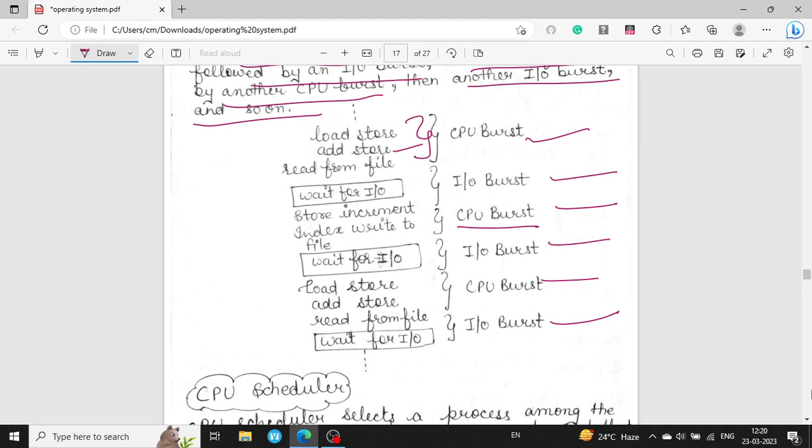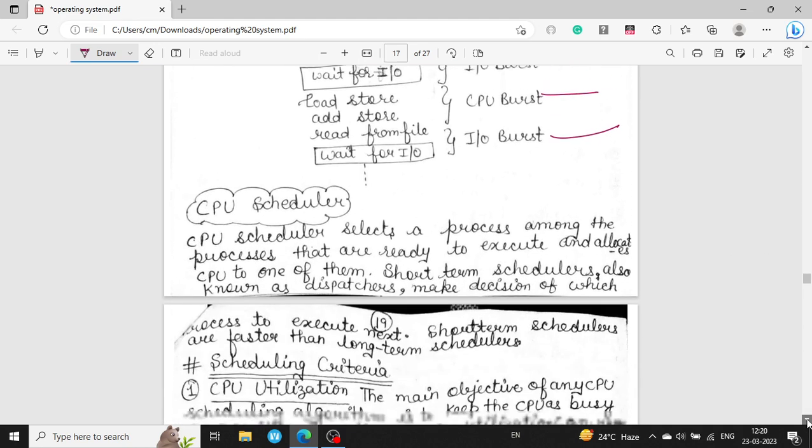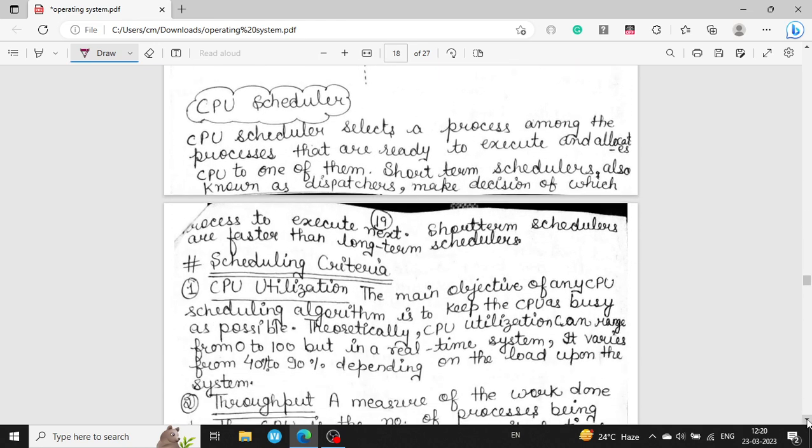And the next point is the CPU scheduler. The CPU scheduler selects a process among the processes that are ready to execute and allocates the CPU to one of them. We can say that it is a short-term scheduler.